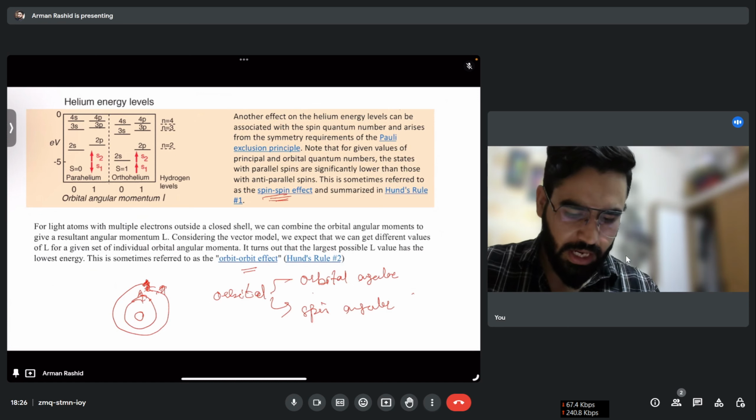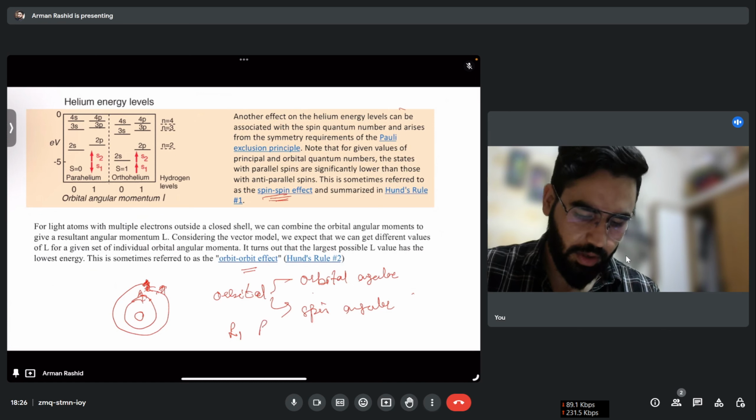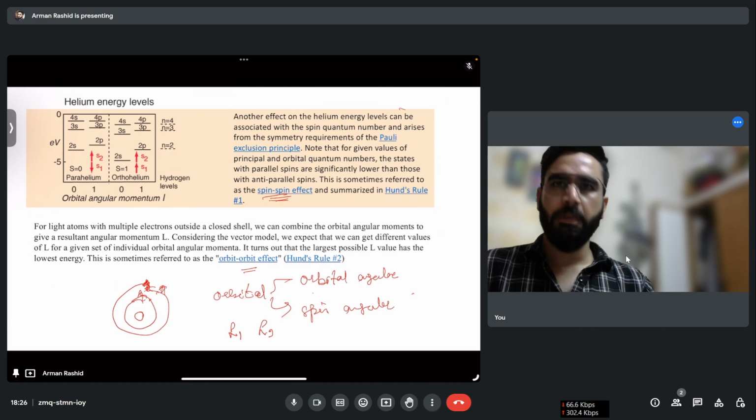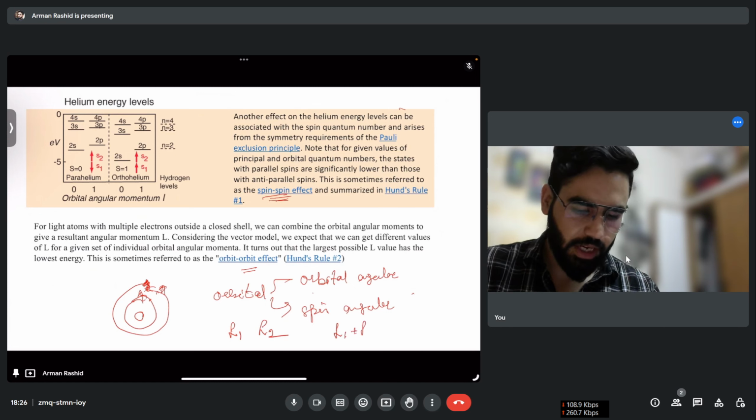For example, one electron has an angular momentum L1, and the second has an angular momentum L2. So we write L1 plus L2, but another possibility is L1 minus L2, and all other possibilities in between.